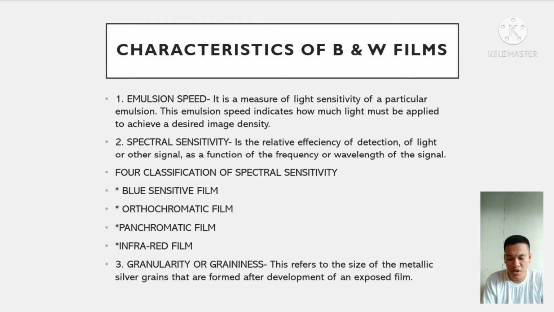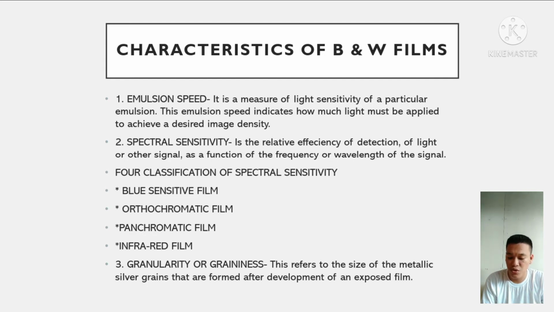The speed in numbers is directly proportional to the sensitivity of the material. The bigger the number, the faster the film is. The lower the number, the lower the sensitivity of the film. So that is the American Standard Association.